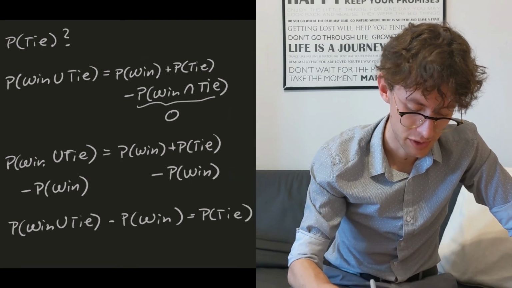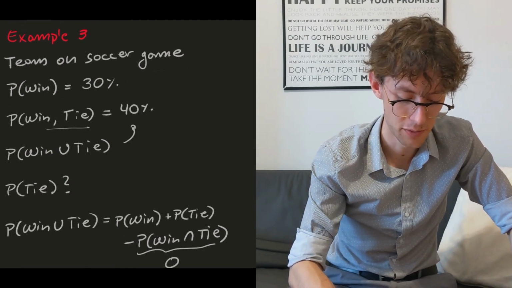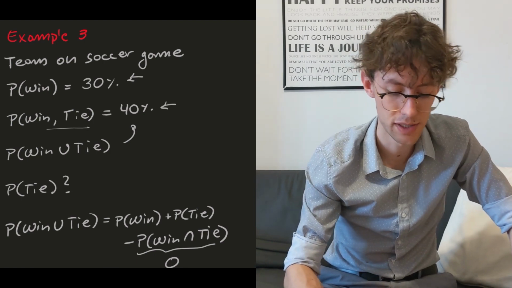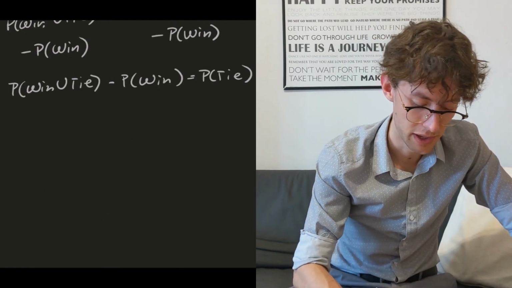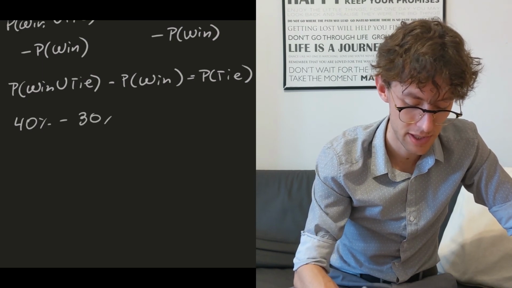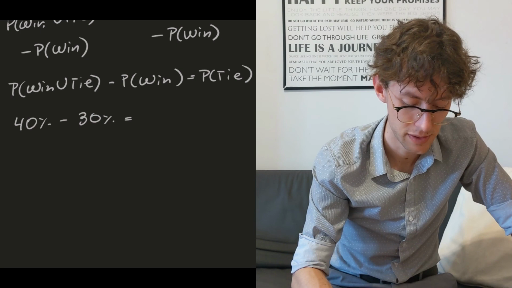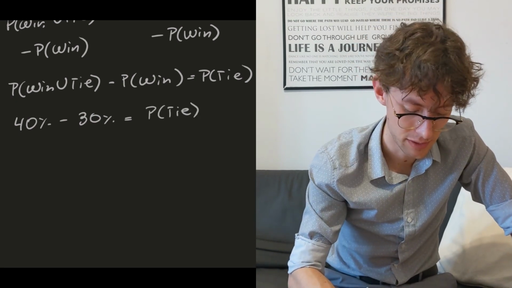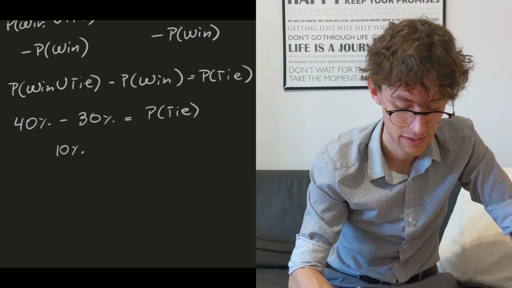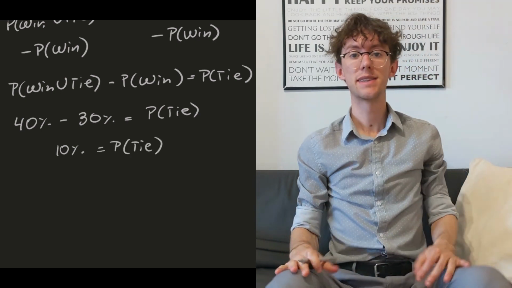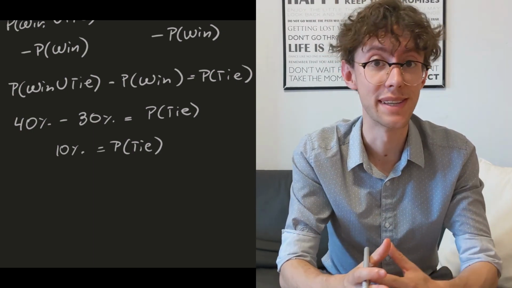And so, as we saw from the numbers up here, the probability of win is 30%. The probability of win union tie is 40%. So we have 40% minus 30% is equal to the probability of a tie. And this then will be equal to 10%. So there is a 10% chance that the game will be a tie on that day.